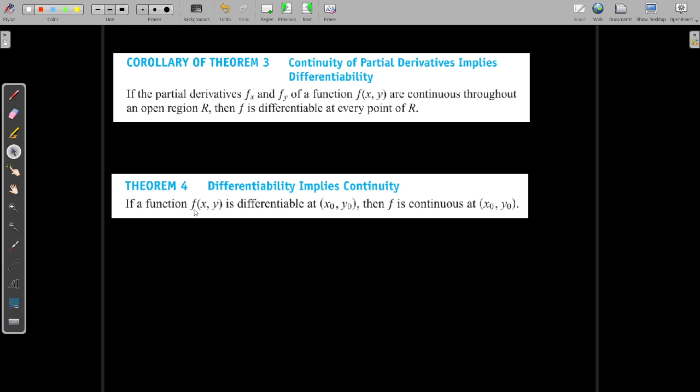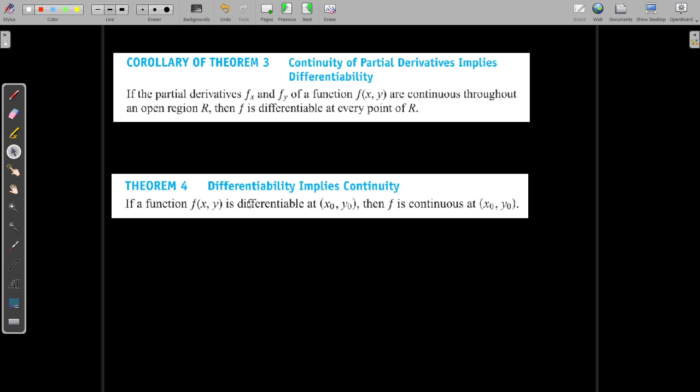Here we conclude the continuity of f, not the continuity of the partial derivatives. Along with the continuity of f, we need to assume the continuity of the partial derivatives df by dx and df by dy in order to get the differentiability of f.